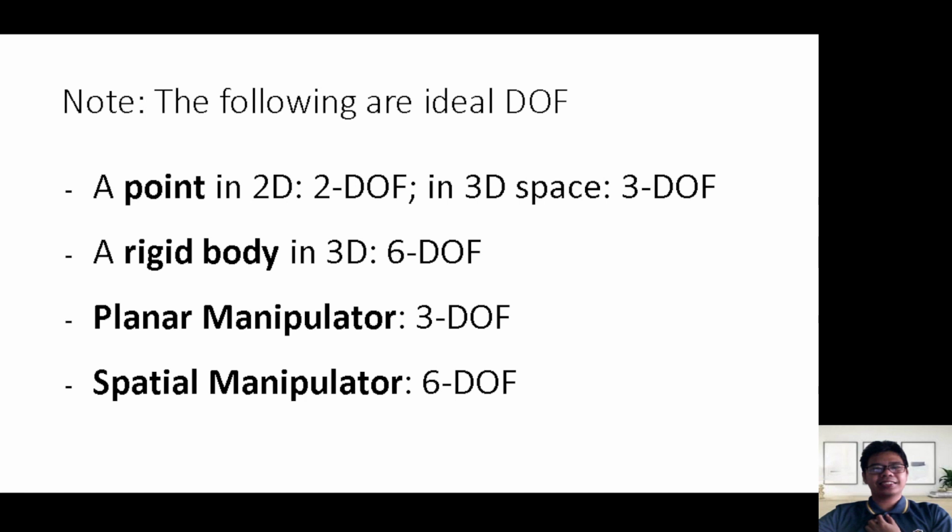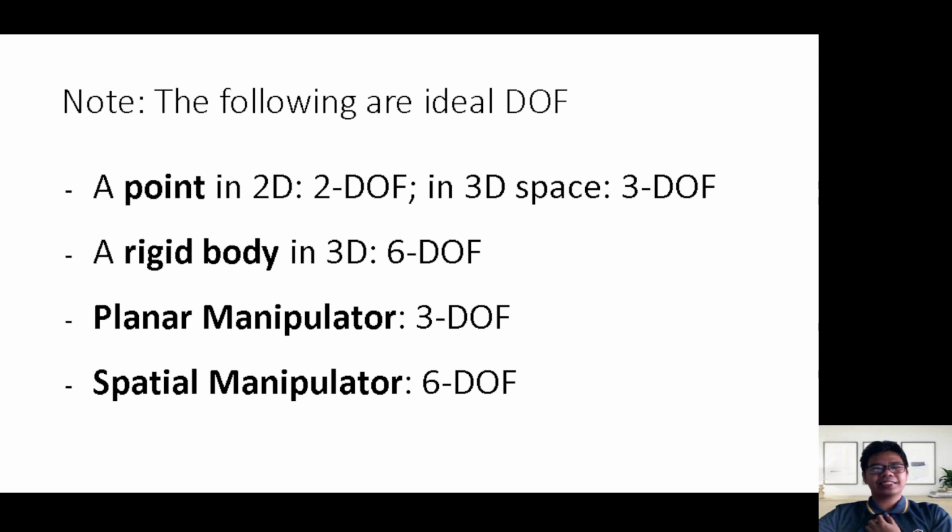We quantify this freedom using the term degrees of freedom. When we talk about degrees of freedom, we're essentially counting the minimum number of independent parameters needed to fully describe the movement and orientation of an object. Let's break it down with a few examples.